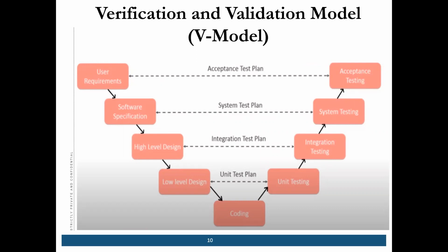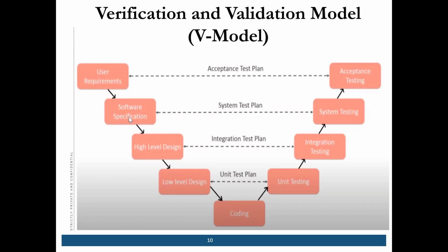So the very first stage is what? Requirement and information gathering. The tester is involved in the very first stage, and they start writing the user acceptance test cases. They are developing, not executing, just developing according to the requirement. So in the V model, testers are involved at the very beginning stages.